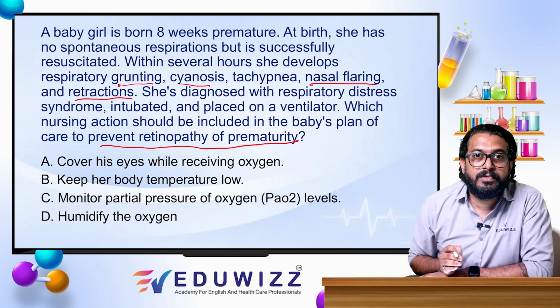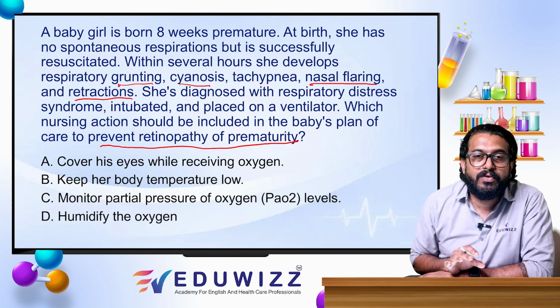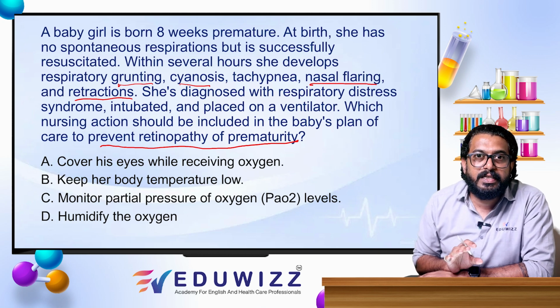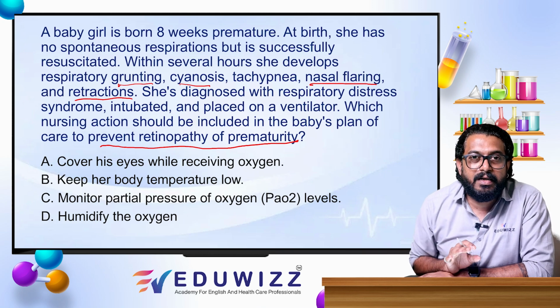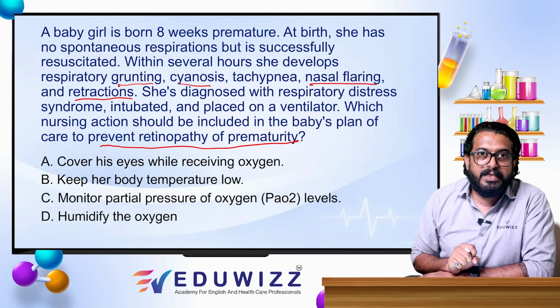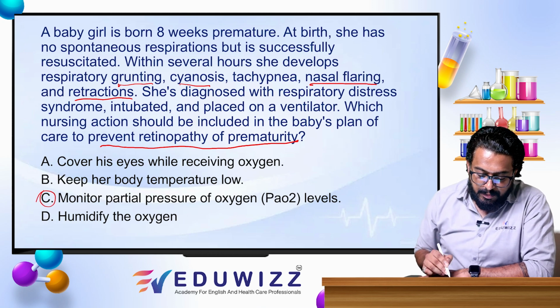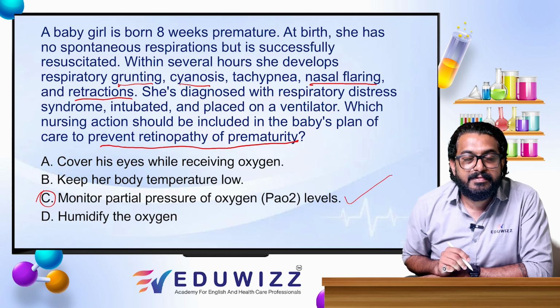We have clearly explained that it is due to administration of high concentration of oxygen. So monitoring the PaO2 and maintaining the O2 level within normal limit are important interventions to prevent this complication, and therefore the answer is monitor partial pressure of oxygen levels. Thank you.